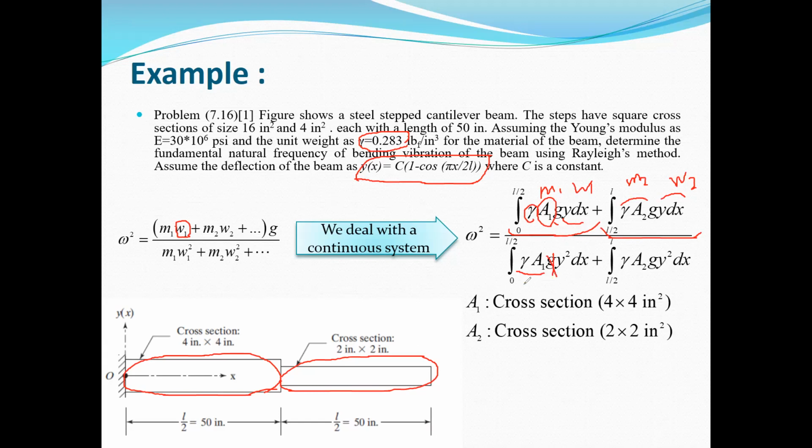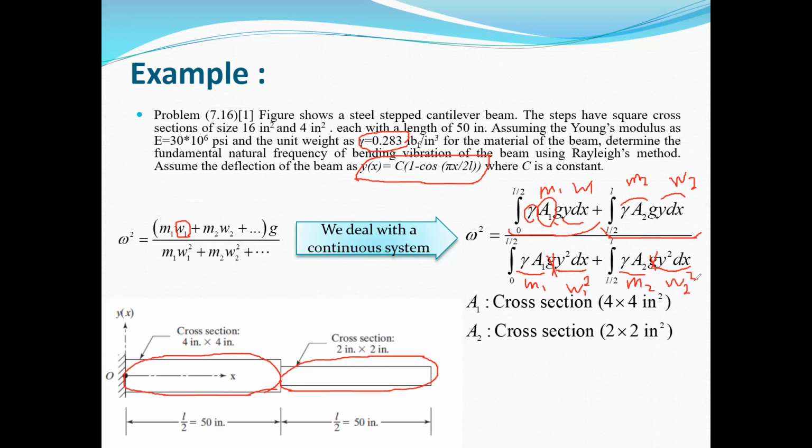Gamma times a1, which is the m1, and y squared times dx, which is w1 squared. And here again gamma times a2, and again we have a typo, this g must not be here. This is m2 multiplied by y squared times dx, which is in fact w2 squared.